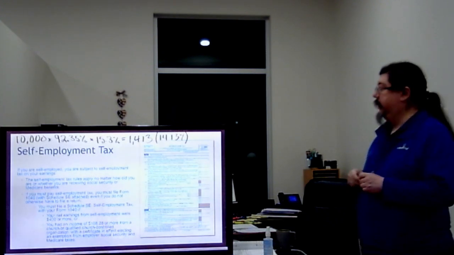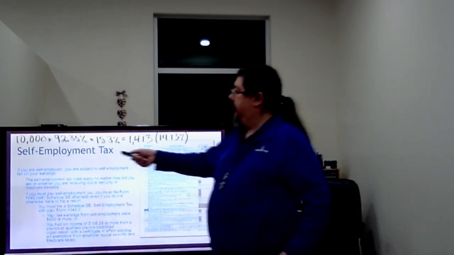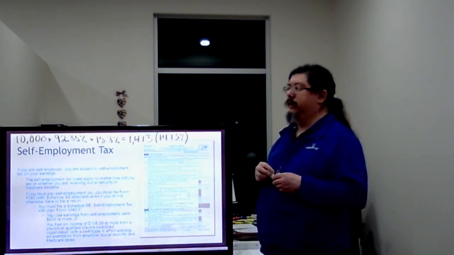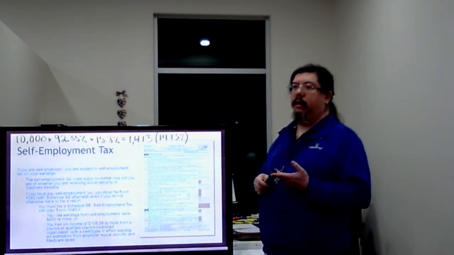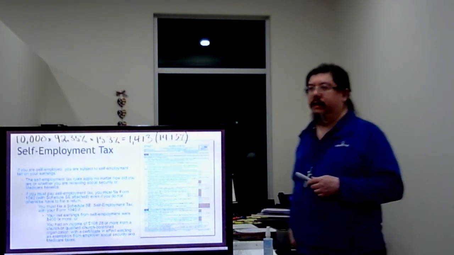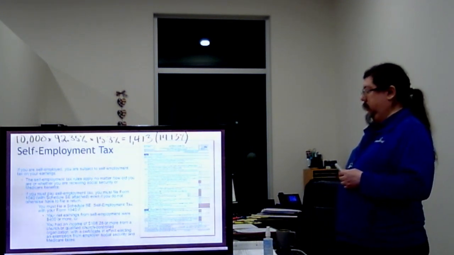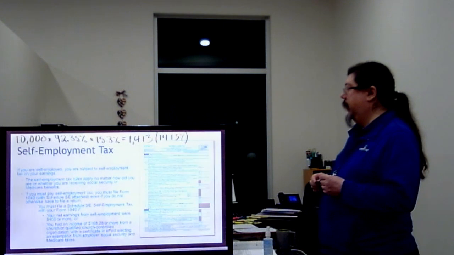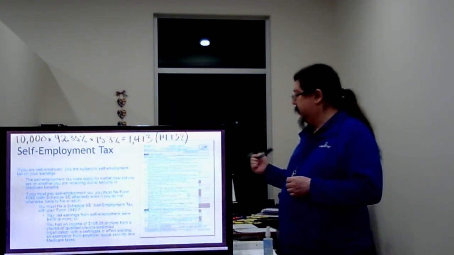And if this was your only income, just this business activity, that's still under the standard deduction, so you're not required to pay any regular income tax, but you still have to pay this $1,400 in self-employment tax. And that's basically how self-employment tax is calculated.